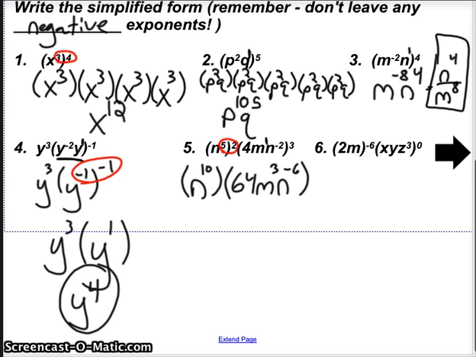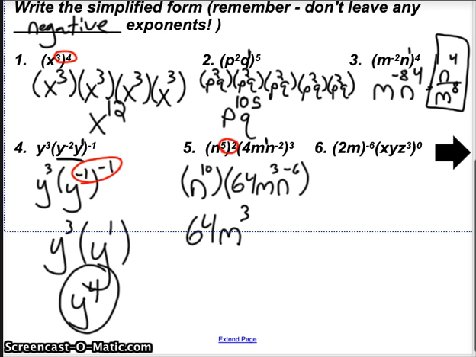Now in both my parentheses, I've applied the power to everything inside there. So what do I need to do now? I'm back to what we've done in previous notes. Now I just have a chain of multiplication, so I need to look to see what can combine. My 64 doesn't have anything to combine with, so I leave my 64.